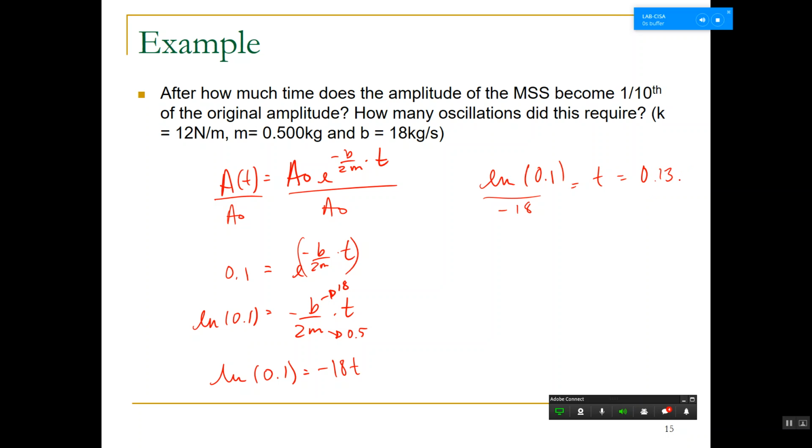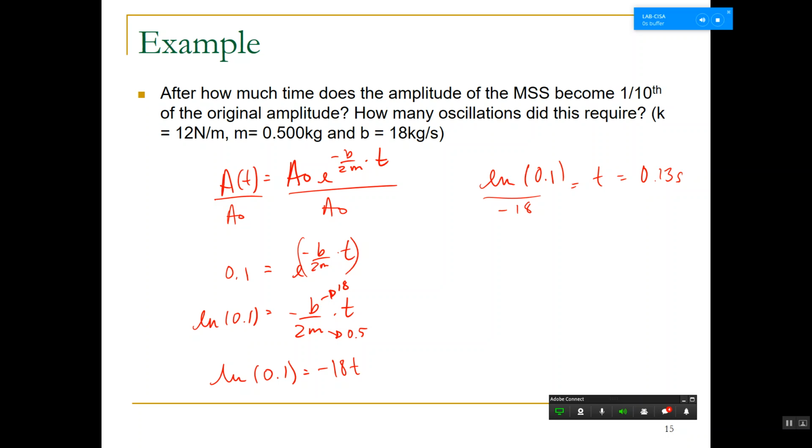Seconds, exactly. All right, so I figured out it takes 0.13 seconds for my oscillations to reach 1/10 of its original amplitude.